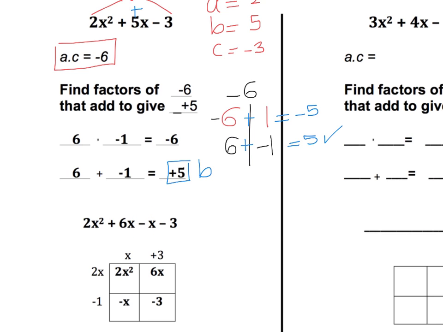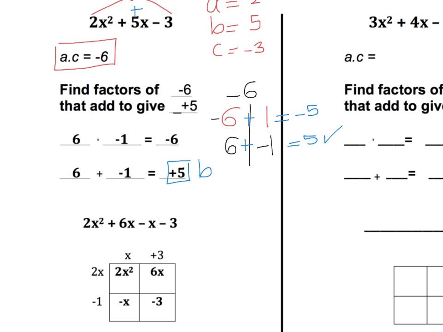Now if you combine those 2 terms, 6x minus x, that's going to give you 5x. That's how you check that you're on the right track. Okay? The constant, you copy it down. So now I have 2x to the power 2 plus 6x minus x minus 3. So I always copy the first term and the last term, and I split the middle term.